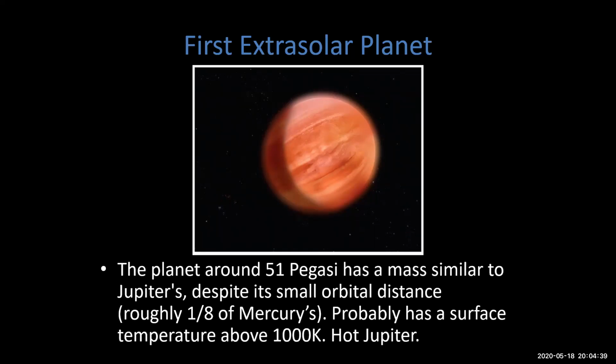That's a very, very fast orbit. Because it's so close to its star, it likely has a temperature above 1,000 degrees Kelvin, which has introduced the idea of a new type of planet called hot Jupiters. Hot Jupiters are a new class of planet that we didn't really know about before.